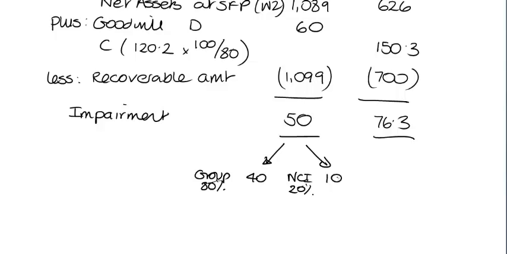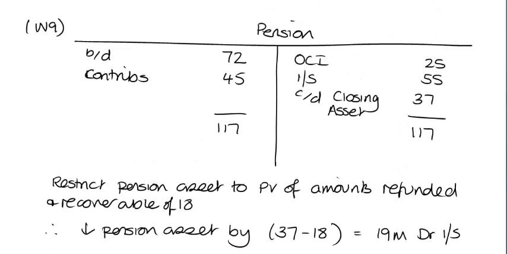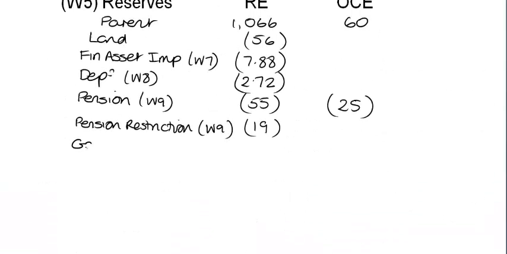So what I'm going to do is I'm going to reduce. So I'm going to say here, goodwill impairment, working number 10. Remember, goodwill impairment goes through the income statement, so it will flow through to retained earnings.